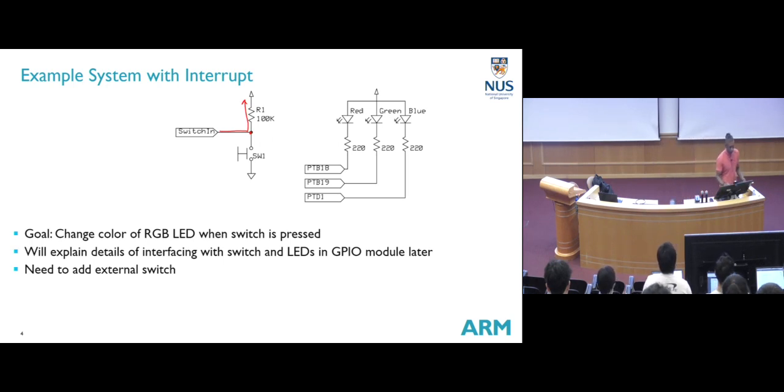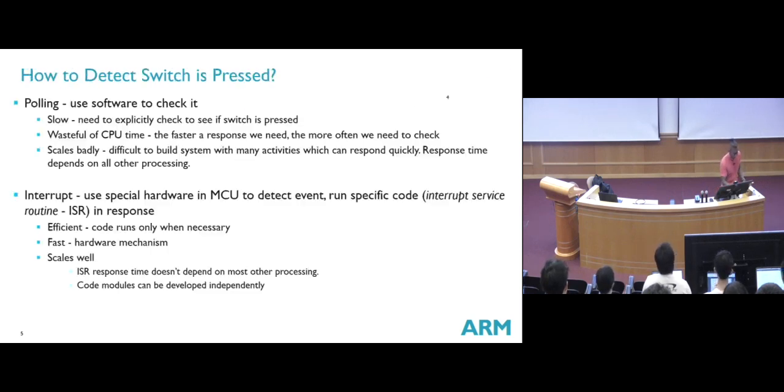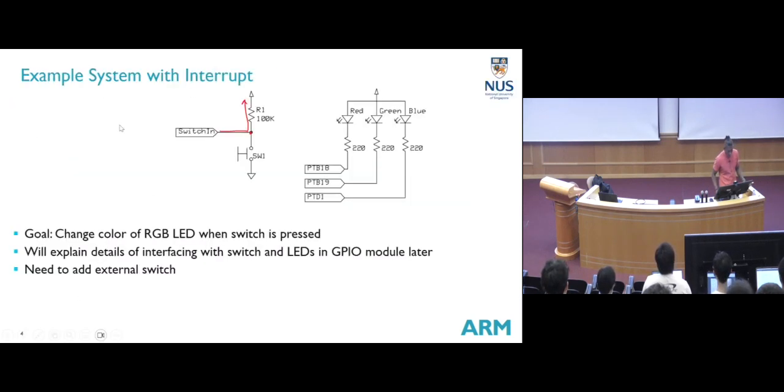That means if I don't press the switch, the default value that I will read on the GPIO is a 1. When I press the switch, I am creating a short circuit to ground, and when I release, it goes back up.